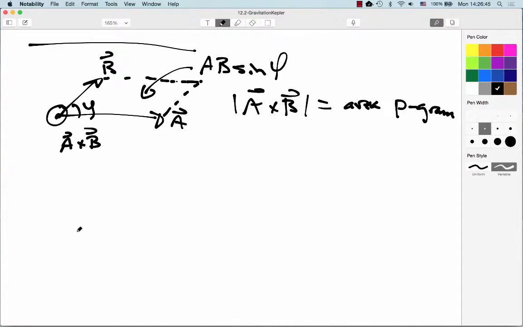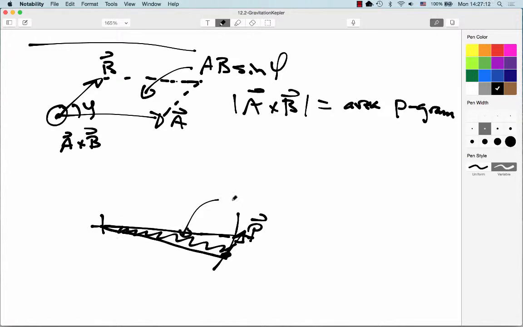So now if we look at our swept out area business, here's a chunk of the orbit right here. At this moment right there, the linear momentum points like so. If this is differentially long, there's my area dA.